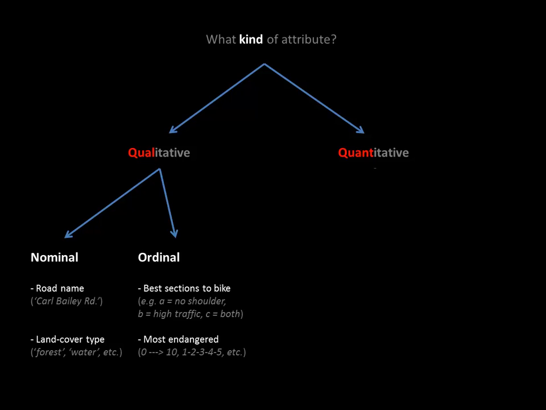The other part of ordinal data would be whether it's suitability or endangered. It's how good is a piece of data on a scale. We say, oh yes, 0 being the worst, 10 being the best, or this is the first, second, third, fourth, and fifth, right? Road hierarchy.